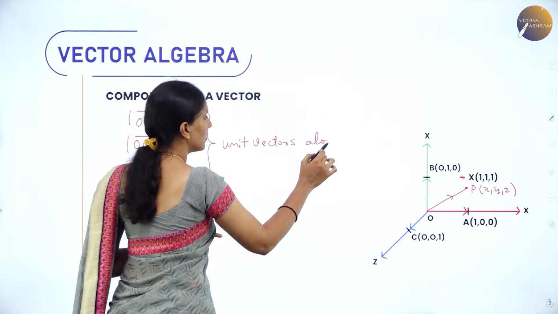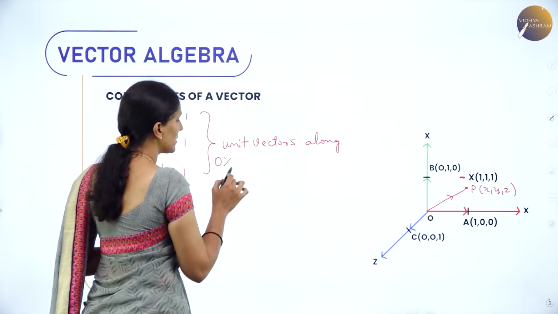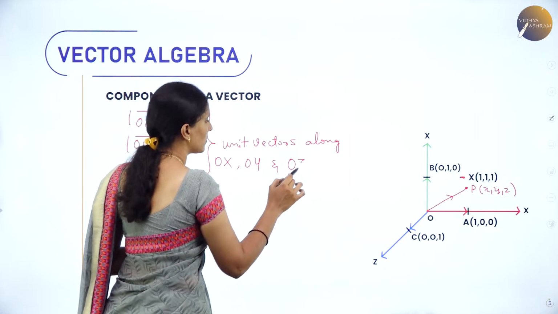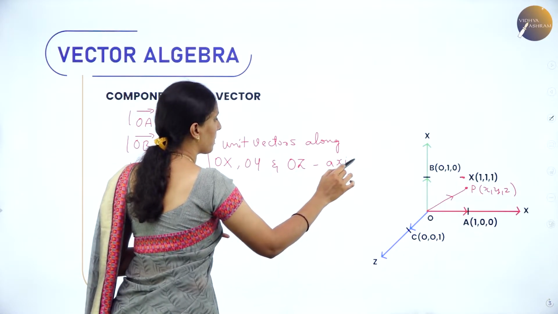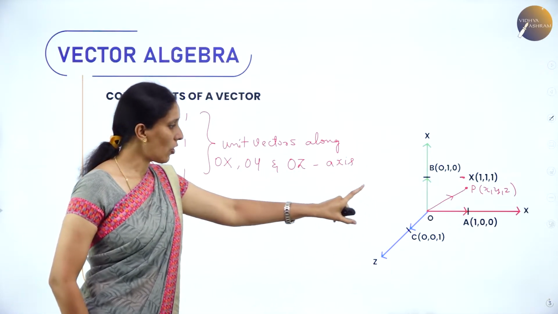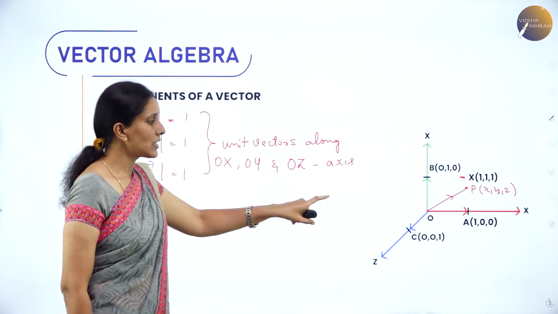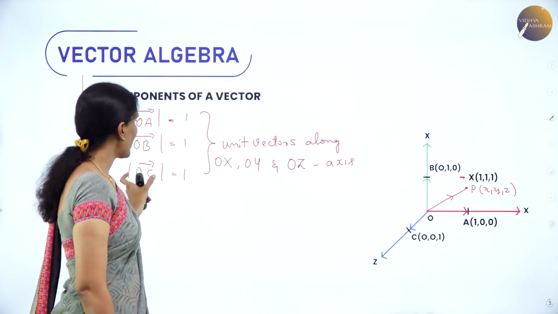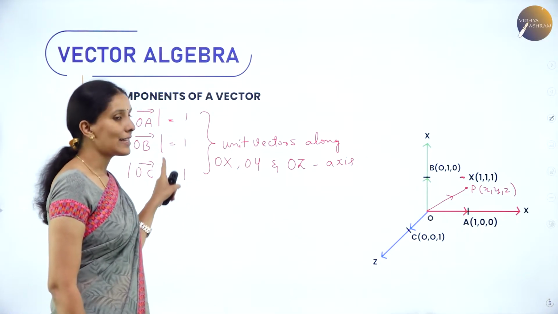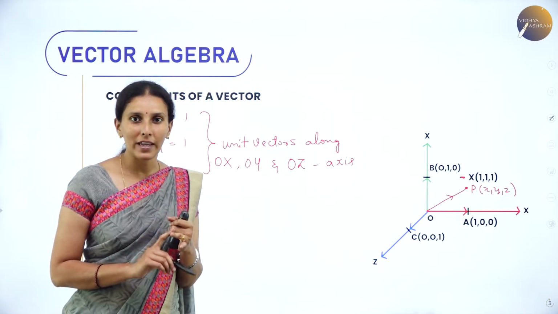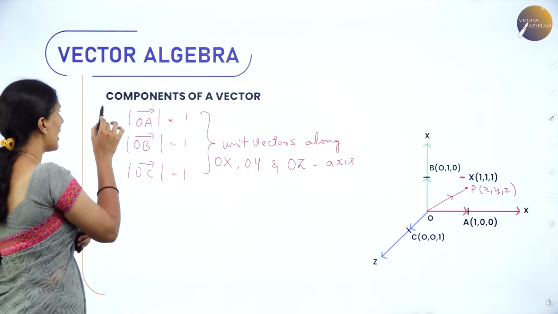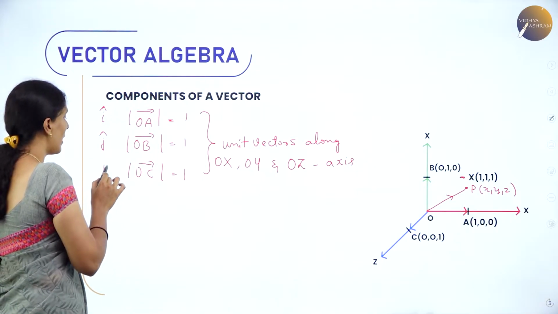along OX, that is x-axis, OY and OZ axis. So thus vector OA represents the unit vector along x-axis, vector OB represents the unit vector along y-axis and vector OC represents the unit vector along z-axis, and they are called the unit vectors along x-axis, y-axis and z-axis, and they are represented using i cap, j cap and k cap.